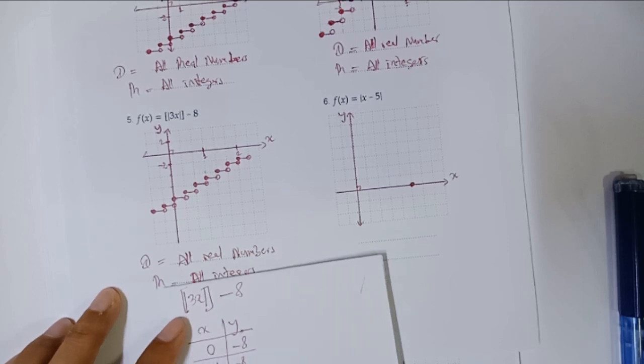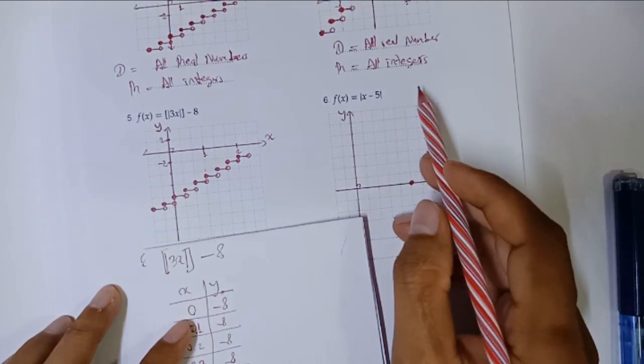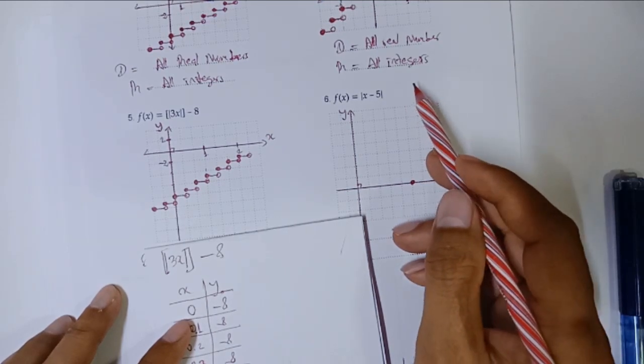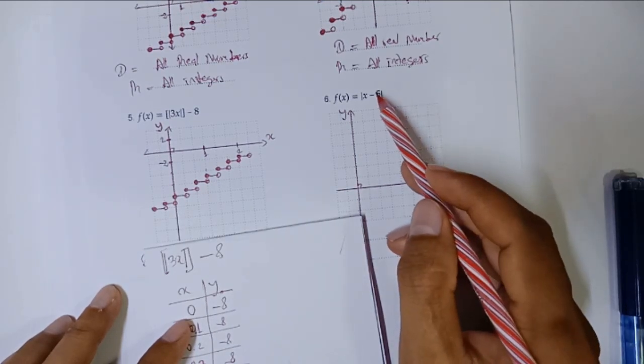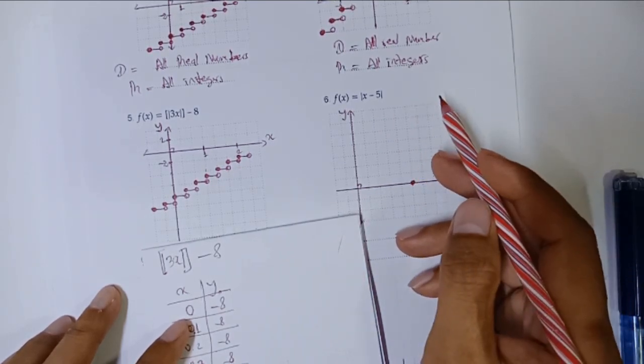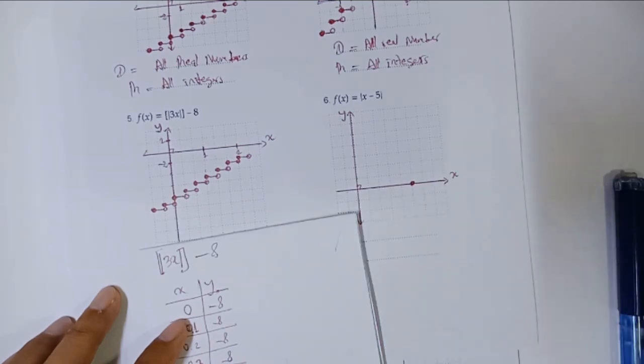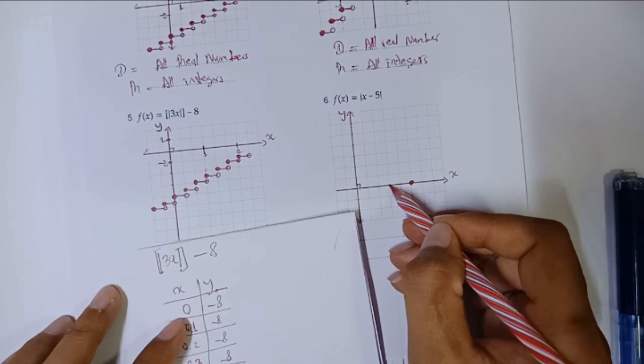side of the graph. So let's say x, but let's make it 3.